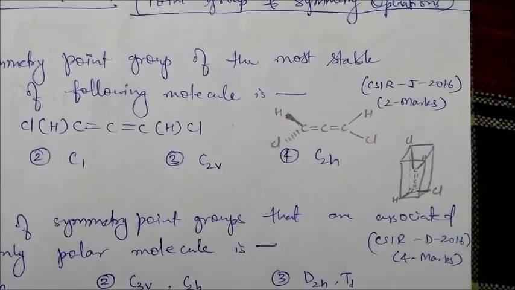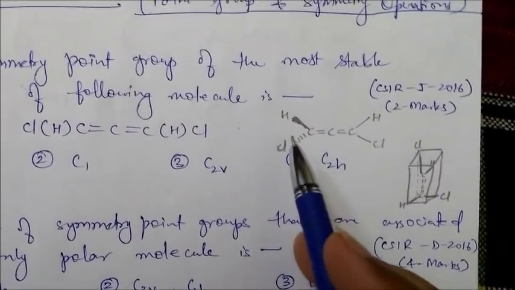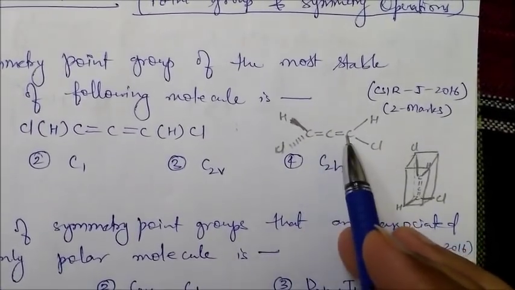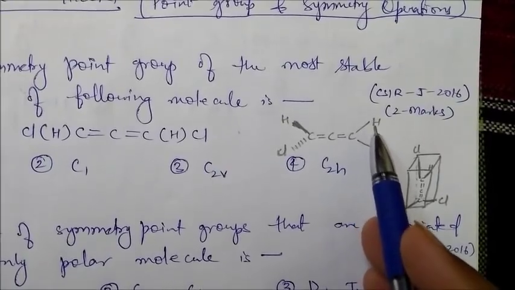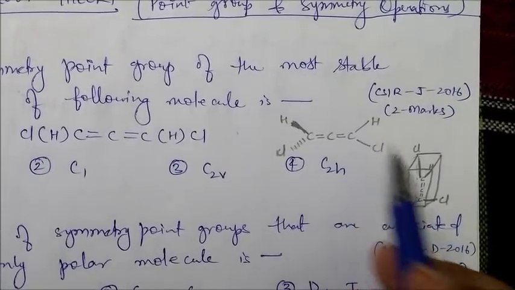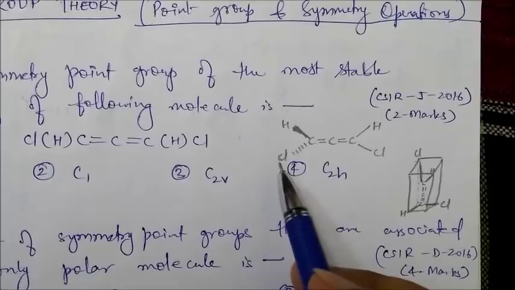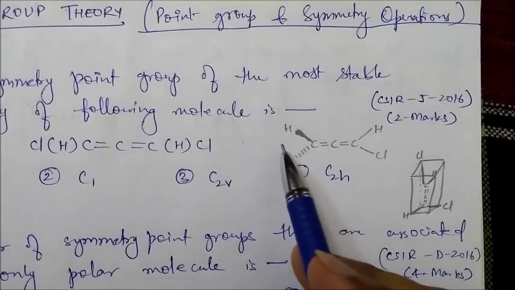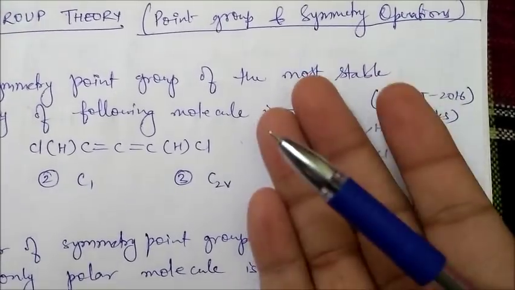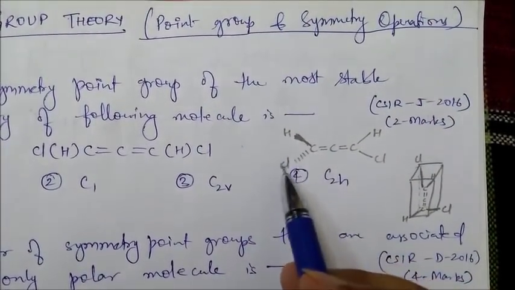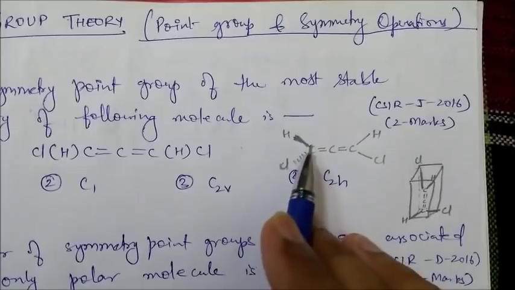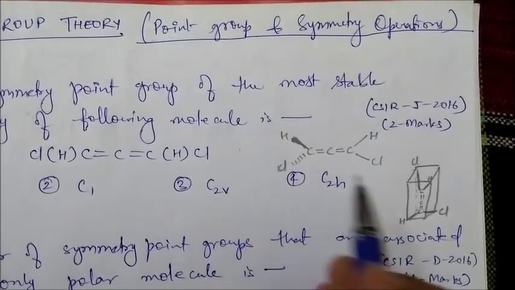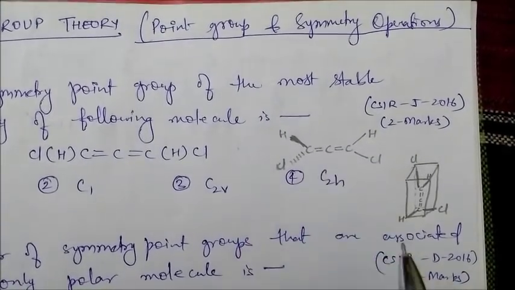This is an allene type molecule in which this hydrogen and this chlorine are on the plane, and this hydrogen is perpendicular upward of the plane, and this chlorine is perpendicular downward of the plane. It is above the plane and it is below the plane. So this is the structure of the molecule.